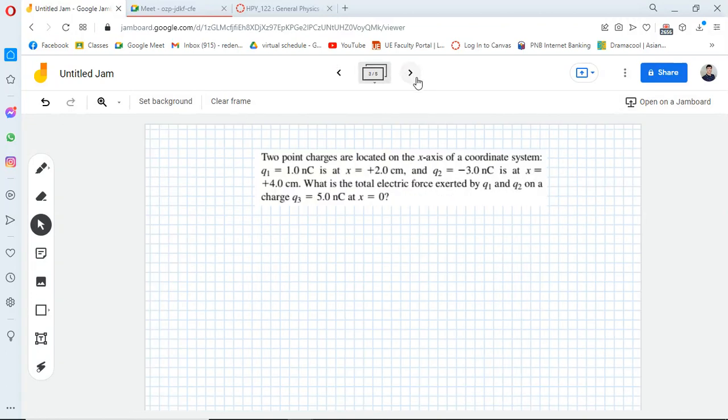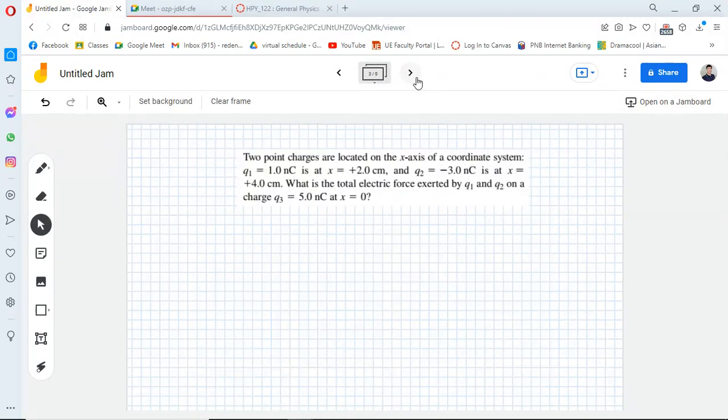So let us proceed to the other example. Two point charges are located on the x-axis of a coordinate system. Okay, so you have here Q1, which is 1 nanocoulomb. Nasa coordinates daw siya na x is equal to 2 centimeter. Okay, so yung y na value niya is just 0.